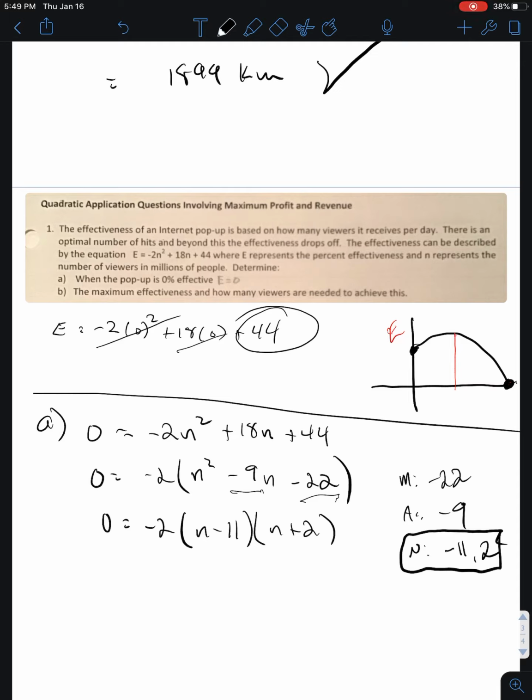Now I can figure out my zeros. n is going to be equal to 11, so 11, 0 is one of the roots. And the other one is going to be negative 2, 0. You see what I'm saying? So n is equal to negative 2.